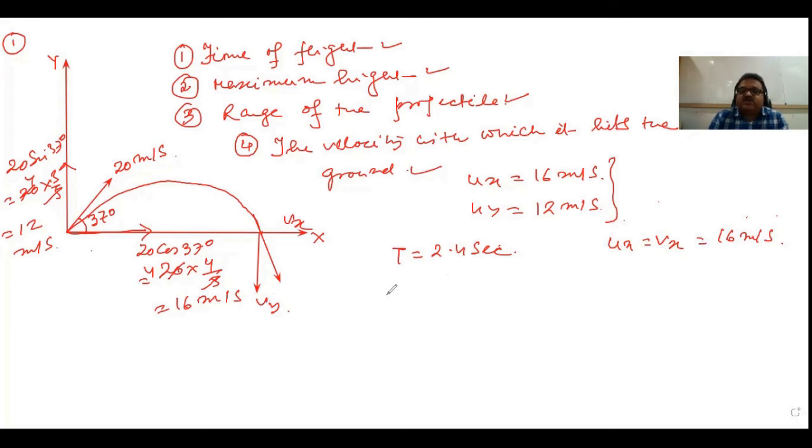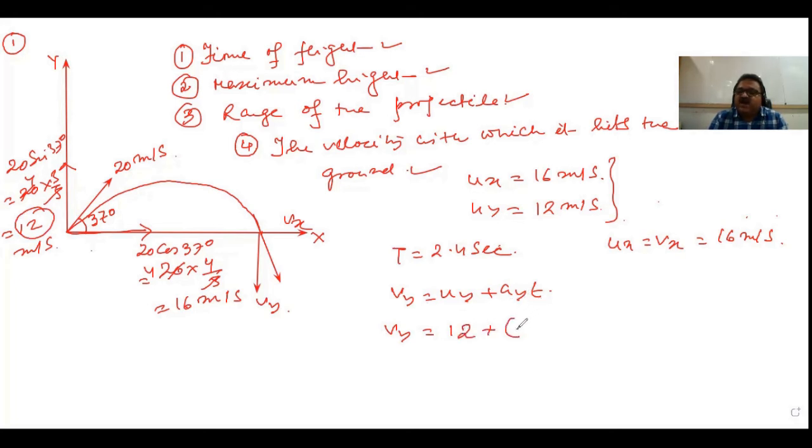Okay, watch it. I am going to use this formula. Vy equal to Uy plus Ay into t. Vy I need to find out. What is Uy? Velocity along y-axis. That is 12 meter per second. What is Ay?